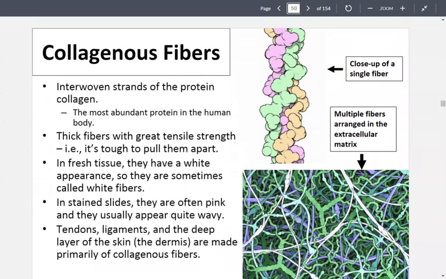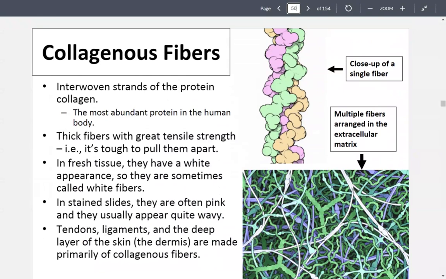These are very thick fibers with a great tensile strength, which translates to, if I'm trying to pull them apart, they're extraordinarily difficult to pull apart. In fresh tissue, they have a white appearance, so they are sometimes called white fibers. However, when we put them on a microscope slide and stain them, they turn pink and usually appear very wavy.